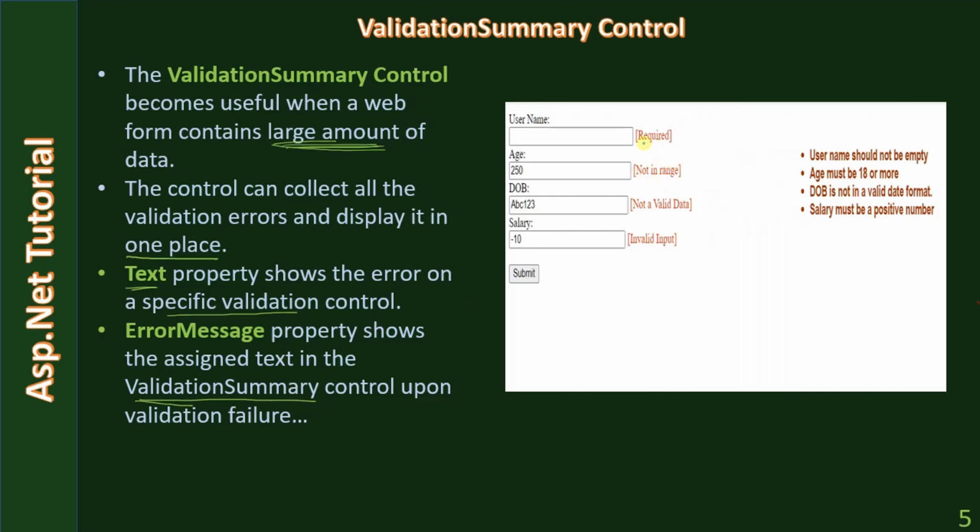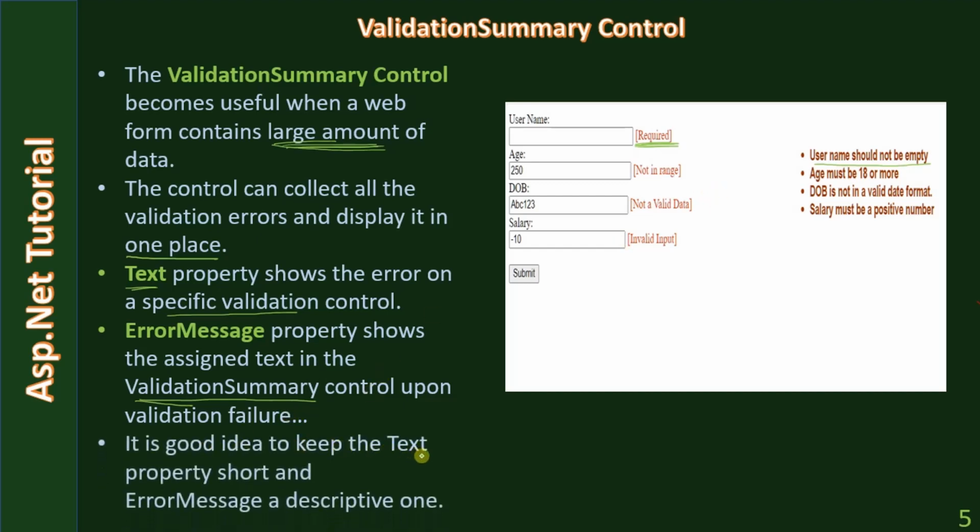Here, if you see the required field, this will be good if you set it as a text property, and the same username is part of this validation summary also. Here it states that username should not be empty.